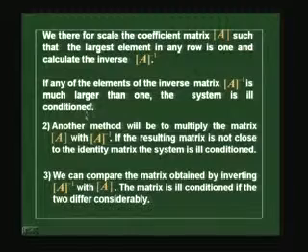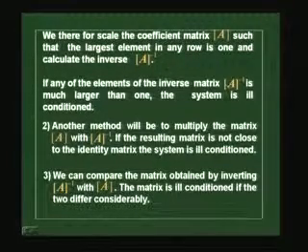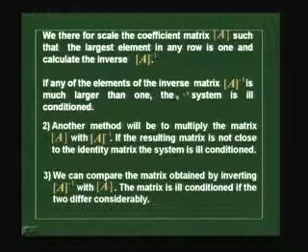So there are three different ways of finding the condition. We could either scale all the elements and then look at the inverse. If the inverse is large, then it is ill-conditioned. Or we could multiply a matrix by its inverse, obtained numerically, and see how close to the identity matrix it is.